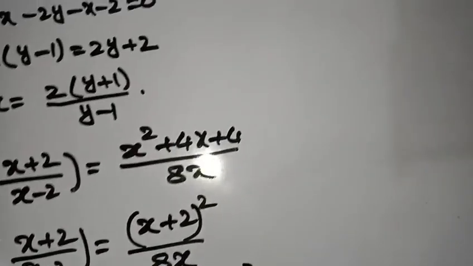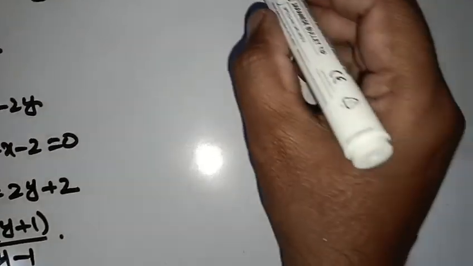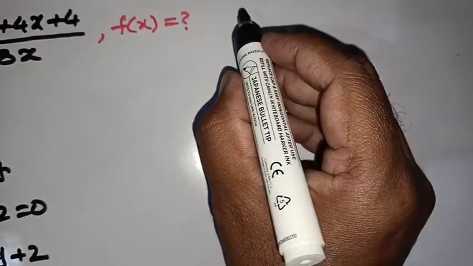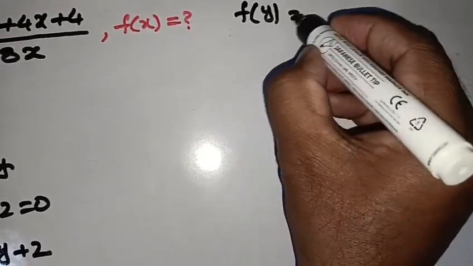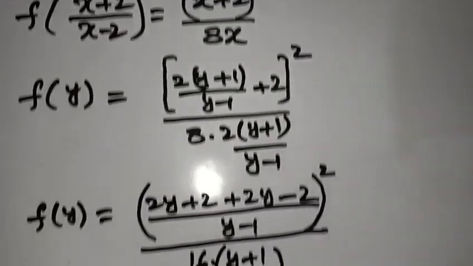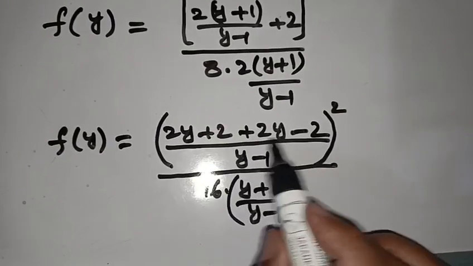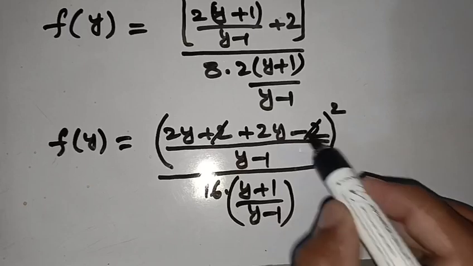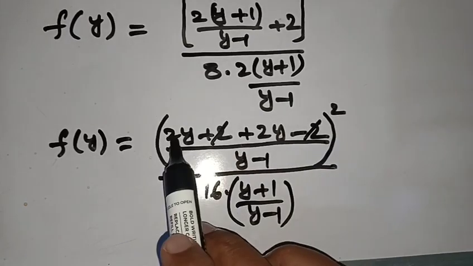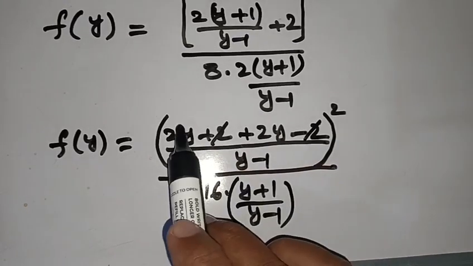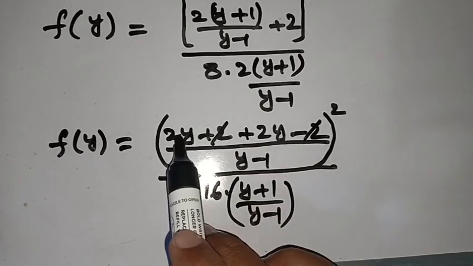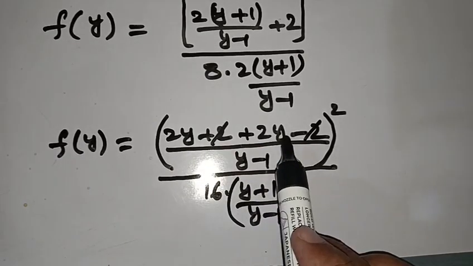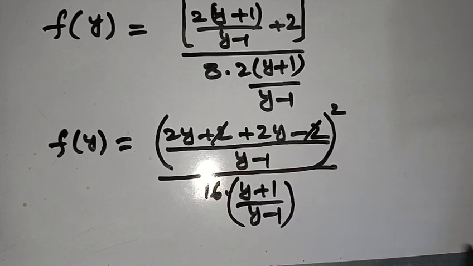So here I write f of y is equal to, in this one, we have plus 2 as well as minus 2 by cancelling and taking 2 outside and writing 2 square, that is 4, and this becomes, I am sorry, 2y plus 2y is 4y. 4y by (y-1) whole square.